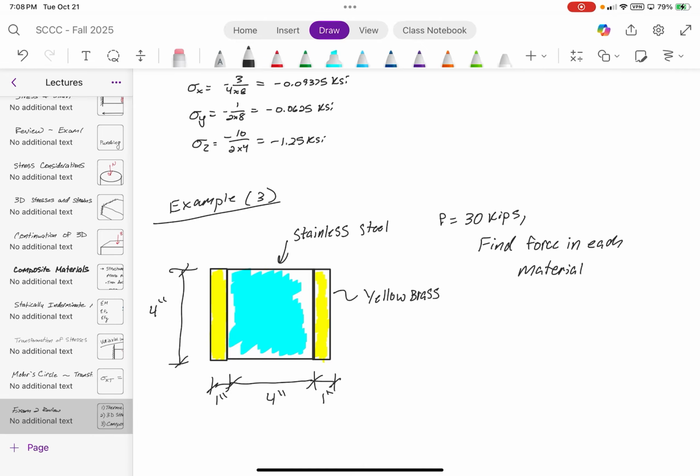So instead of just jumping straight over to that, just say that deformation in the steel has to equal deformation in the brass, which is just PL over EA for the steel equal to PL over EA for the brass. And then from there, you can just work out the algebra however you want.